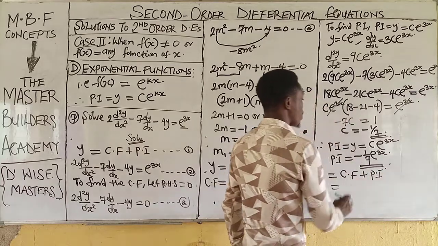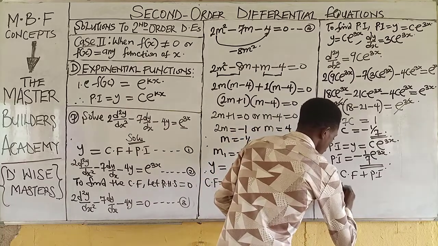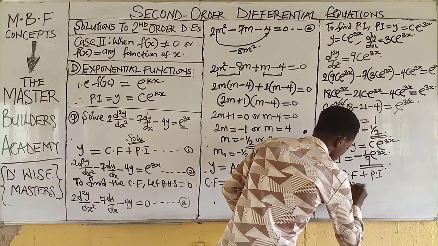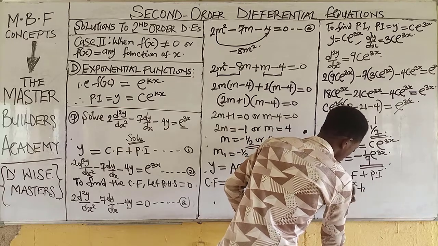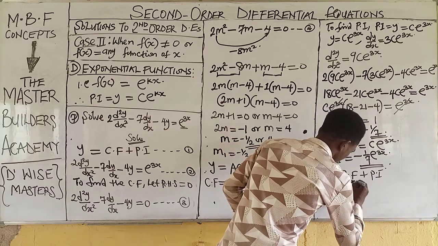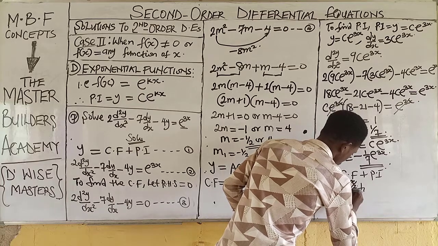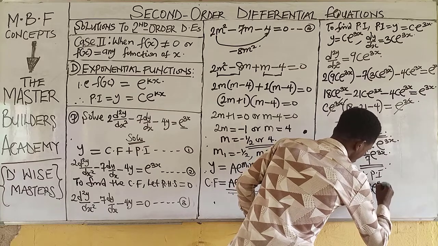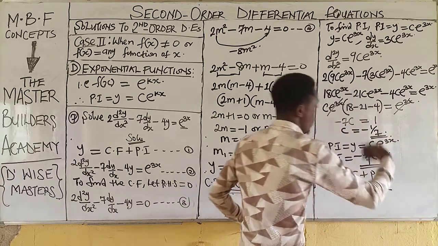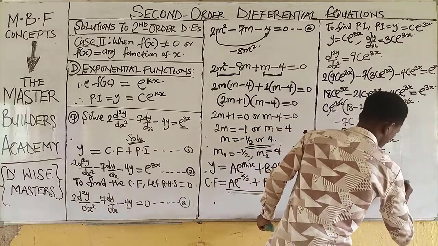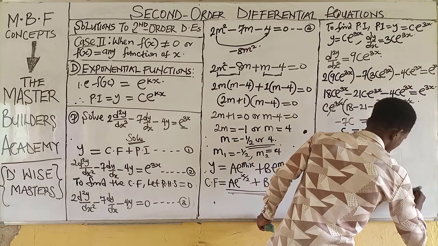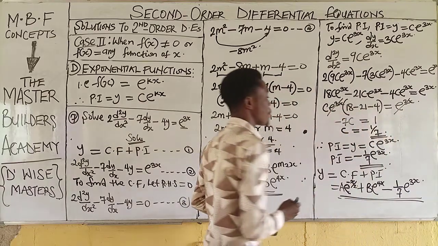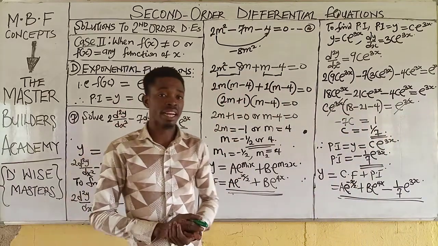And now we have the complementary function to be a exponent 3x plus a exponent minus x over 2 plus b exponent 4x, then plus or minus 1 over 7, which will have given us minus 1 over 7 exponent 3x. This is the answer to these very questions.